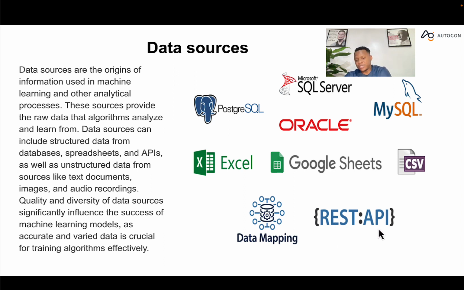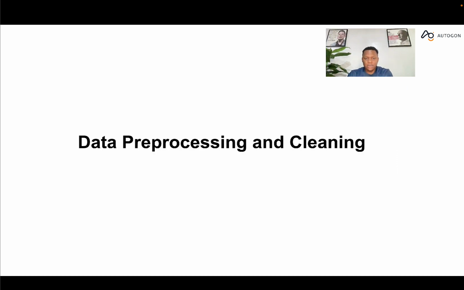It can come from a REST API, either SOAP or JSON. It can come from your database, either SQL Server, where you connect your SQL Server to Autogon, or MySQL, Oracle, Postgres, and different other types of databases you can connect to Autogon AI. So the goal is you learning how to connect your data source properly.